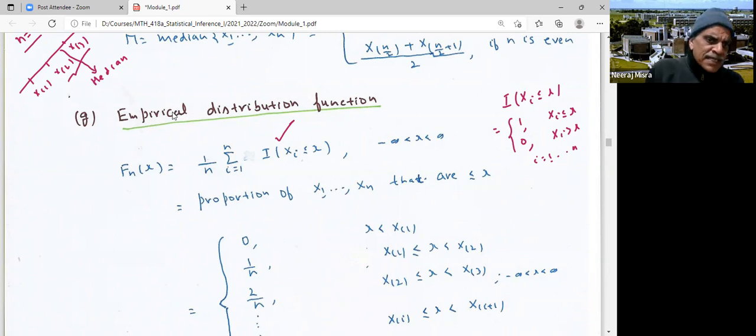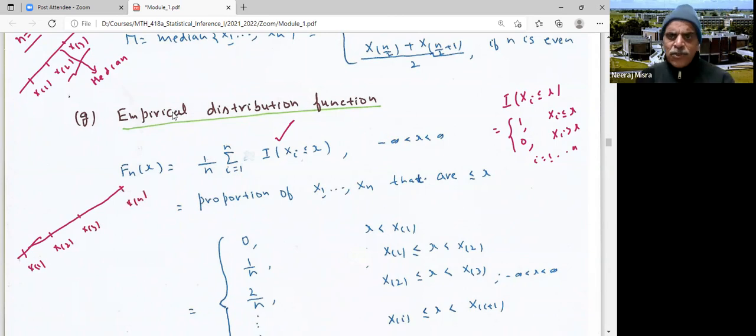Now, you know that your X_i's are arranged in increasing order. So X_1 is the first one, X_2 is the second one, X_n is the last one. Let's look at the proportion of observations that are less than or equal to x. Note that if x was strictly less than X_1, then there are no sample observations less than or equal to x, because X_1 is the smallest one.